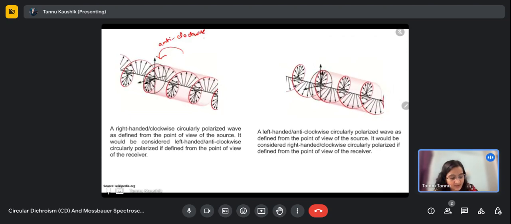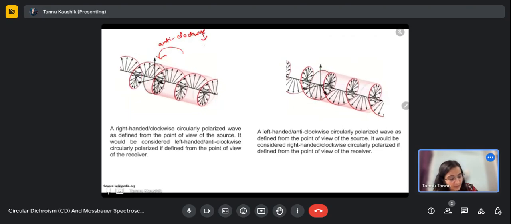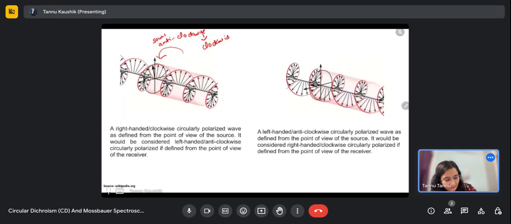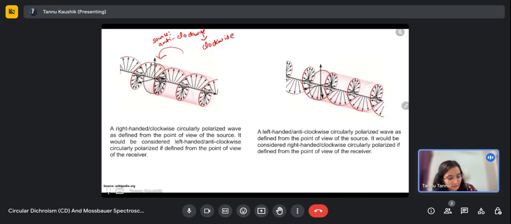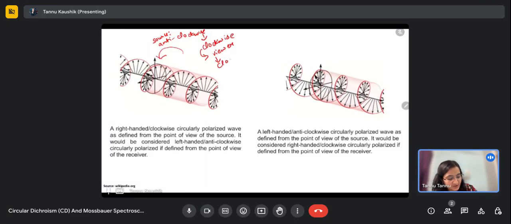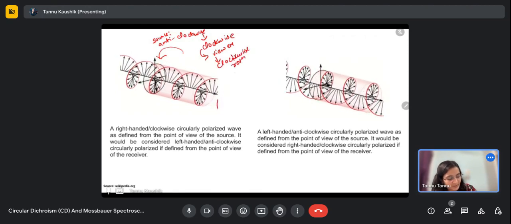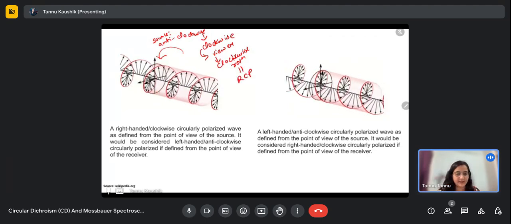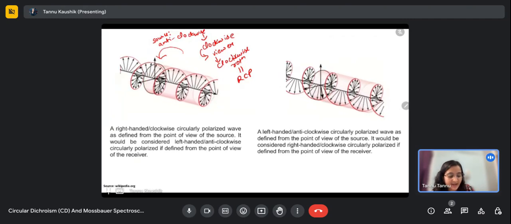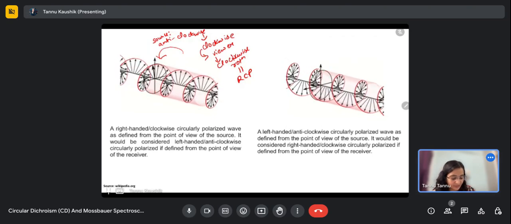In my view it is anti-clockwise, but from the viewer's point of view, that is yours, it will be clockwise, and this clockwise rotation is what we call right hand circularly polarized light. And this right hand circularly polarized light is associated at a 90-degree angle with respect to the direction of propagation of the electric field wave.